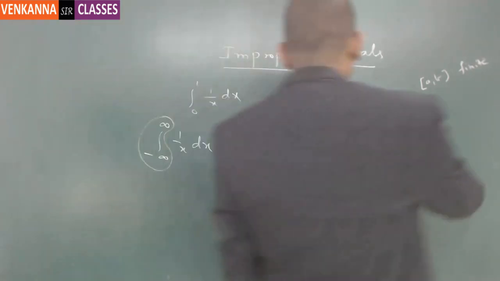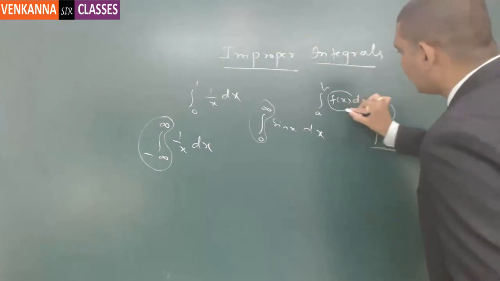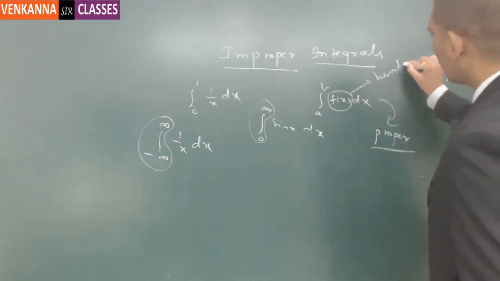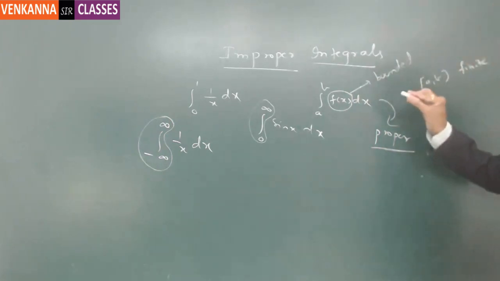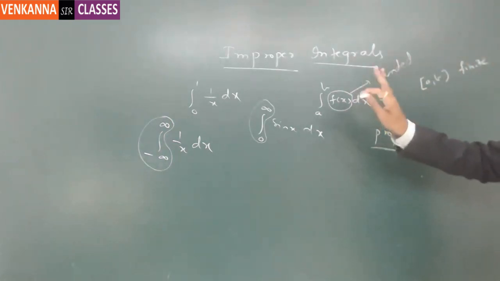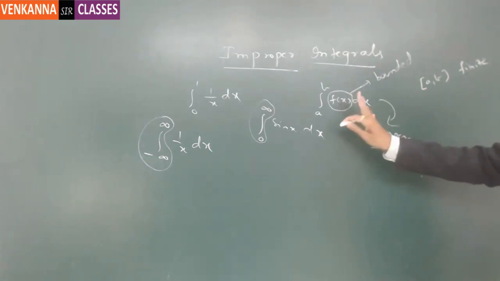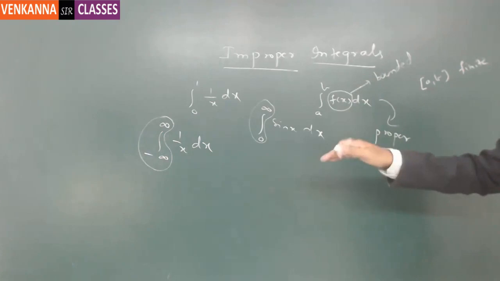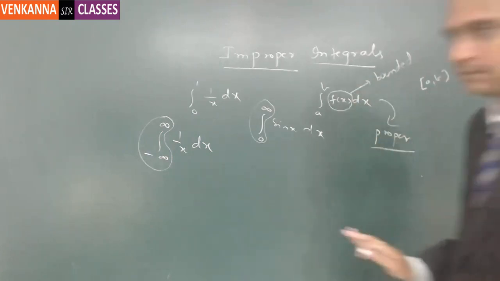The second one is that the function you are taking must be bounded, because in Riemann integrability we have learned that integration should exist for a bounded function. I mean, in order to evaluate the integration, the function f must be bounded.